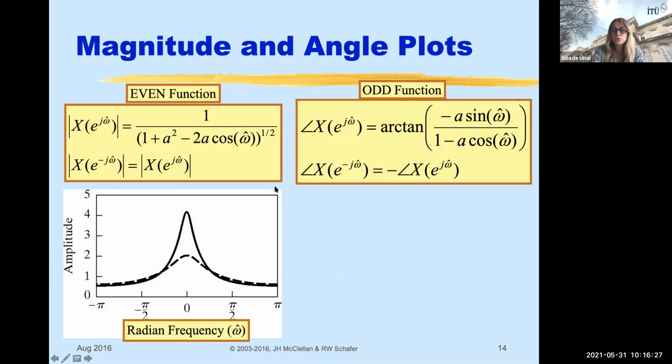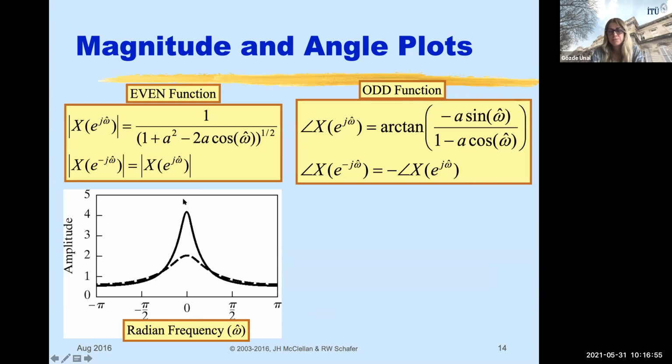What this plot tells me, these are the Fourier transform coefficients for each of these frequencies, between minus pi and pi. Now, remember this difference. For the past continuous time Fourier transform lectures, omega, the frequency, was minus infinity to infinity. Now it's minus pi to pi again, because we're talking about the Fourier transform of a sampled signal.